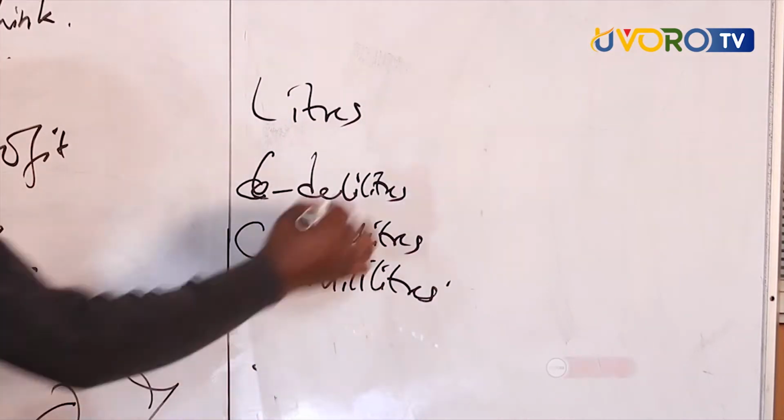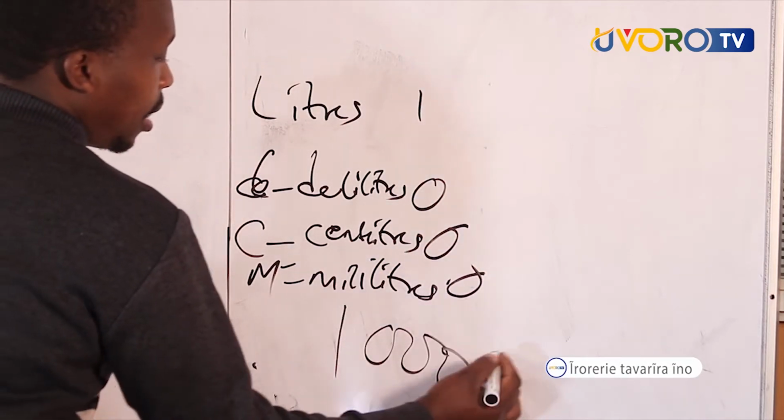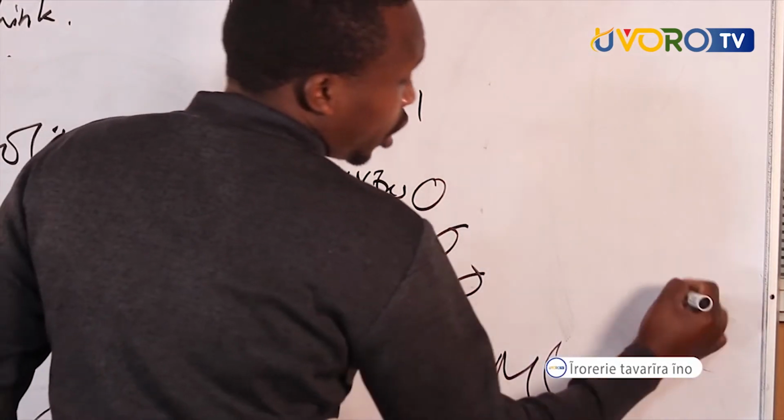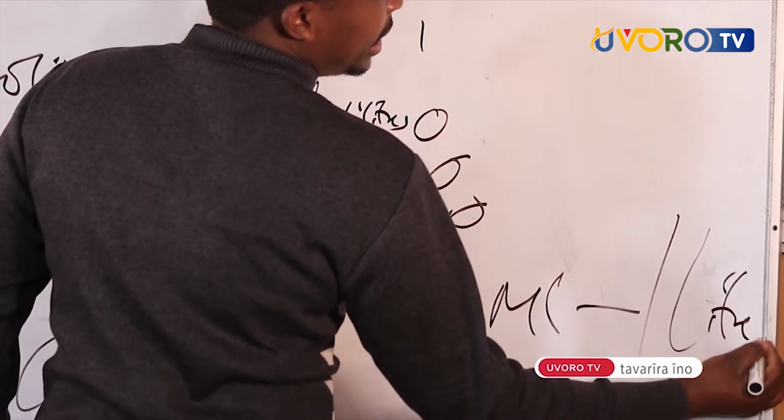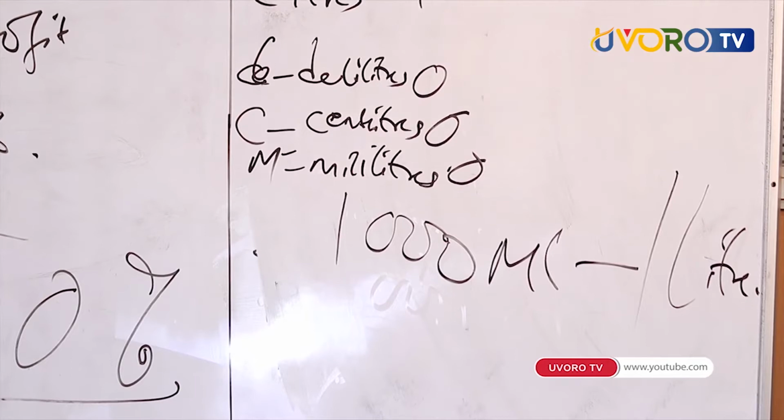All right. So it is 1,000 milliliters. It is going to give us 1 what? 1 liter. 1,000 milliliters gives us 1 liter.